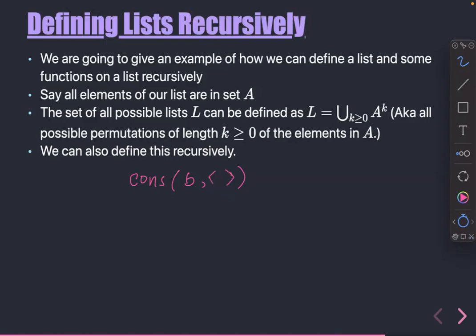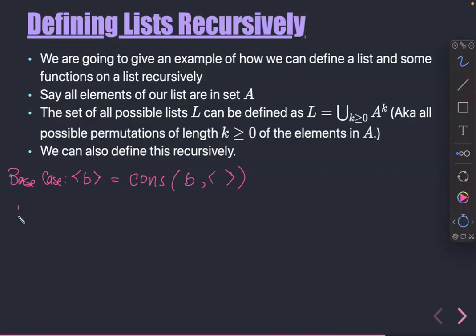That's going to be my empty list. If I take cons and add one element to my empty list, this creates a list of the element B. This is actually my base case. If I just wanted the list B, I would call my constructor with B on the empty list.